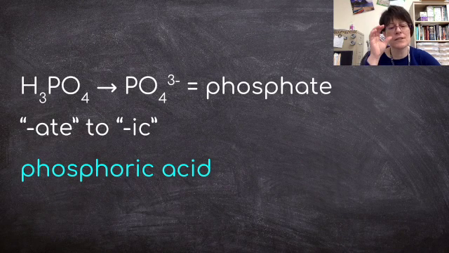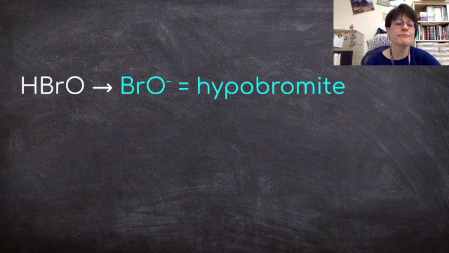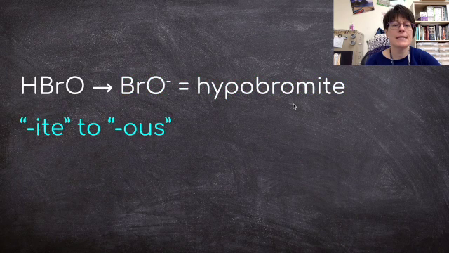Now that ending is a little bit different, but phosphic acid just doesn't sound quite right, I guess, so they change it to phosphoric. HBrO, the anion is BrO negative, that's hypobromite. Now here it's ite, so it changes to ous.